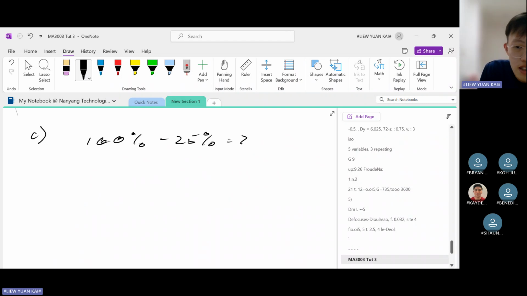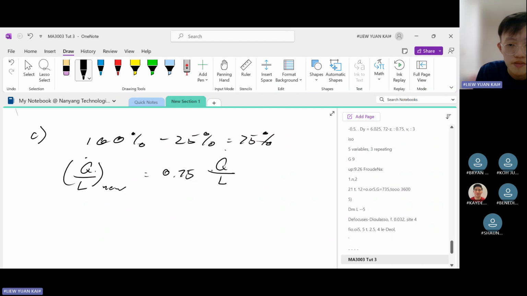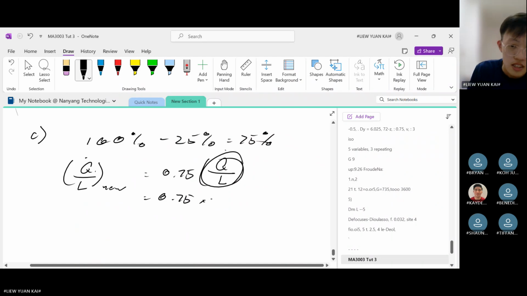So now we're trying to find Q dot per L new. The new one is 75% of the original. This is the original that we found just now, 769.7, and then you calculate this, which should be 577.268.